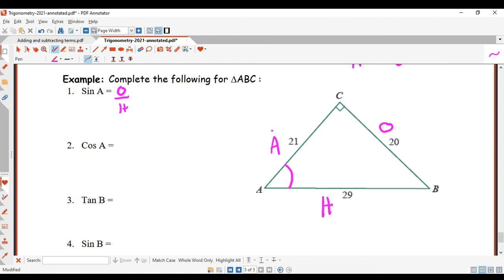The opposite side and the hypotenuse are 20 and 29, so we're going to have 20 over 29 for sine of A. Cos of A is the adjacent side divided by the hypotenuse, so that'll be 21 over 29.